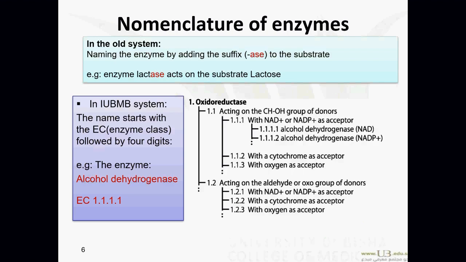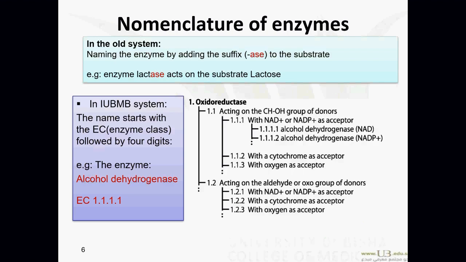So this is the first class. The first one here stands for the main class or the major class of the enzyme, which is oxidoreductase. And the second one stands for the type of the group which is being acted on, the CHOH, the hydroxyl group, which is attached to any type of aliphatic group.